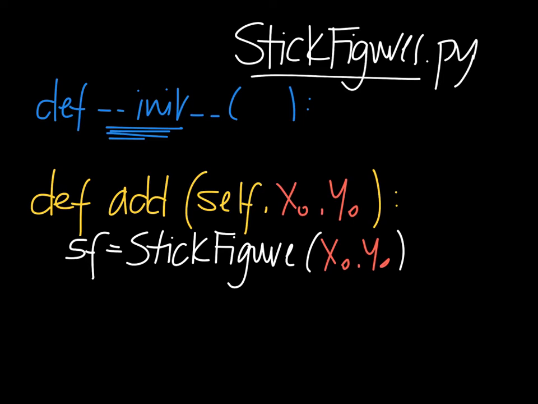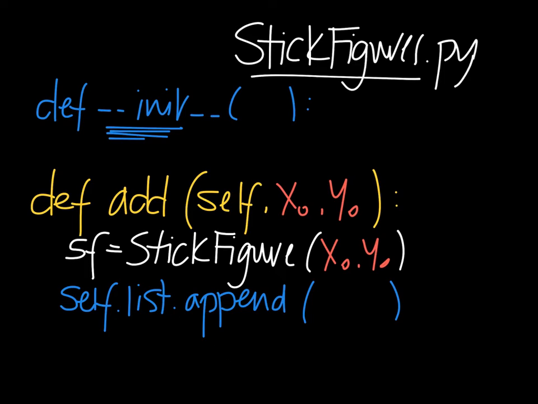So I create it there, and then internally within this code I get my list, which is hidden from the public, and I call append, and then what do I add in? The stick figure I have just created.